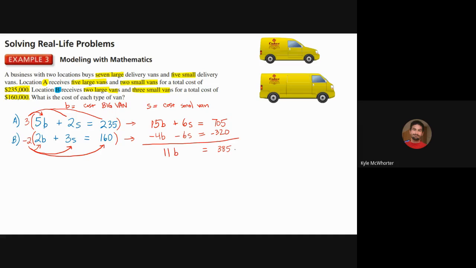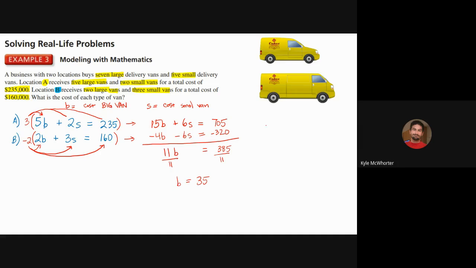So 11b equals 385. Cross our fingers that 11 goes into 385. We're going to divide both sides by 11. Woohoo! 35. So we get b equals 35.